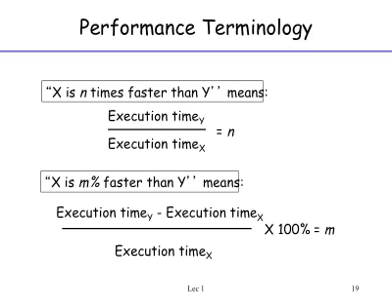If we say X is n times faster than Y, that means the execution time of Y, because Y is slower, so the execution time is longer, divided by the execution time of X equals n. That's when we say X is n times faster than Y.